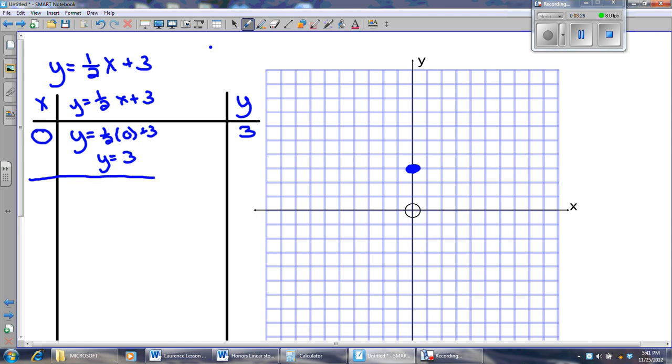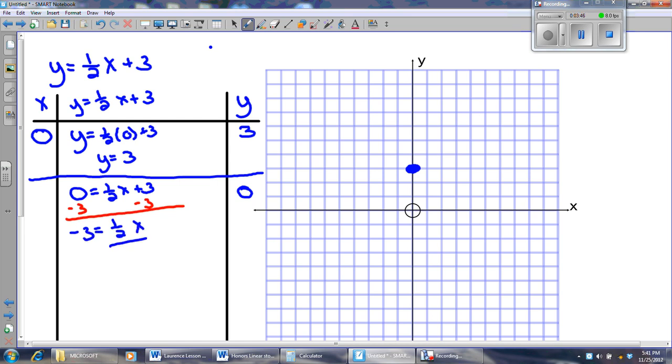All right. Now I'm going to put 0 in for y, and I'm going to get 0 equals 1/2 x plus 3. I'm going to subtract 3 from both sides, and I'm going to get negative 3 equals 1/2 x. I'm going to divide by 1/2 on both sides, and you know, some of you might be thinking, oh, I'm going to take half of negative 3.